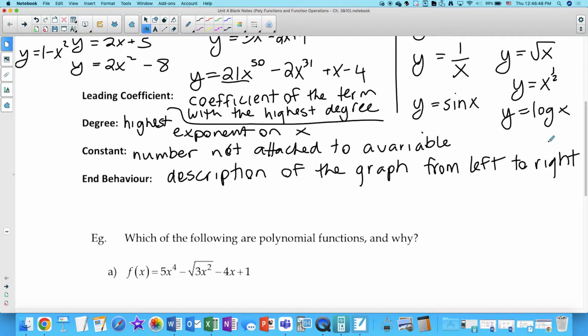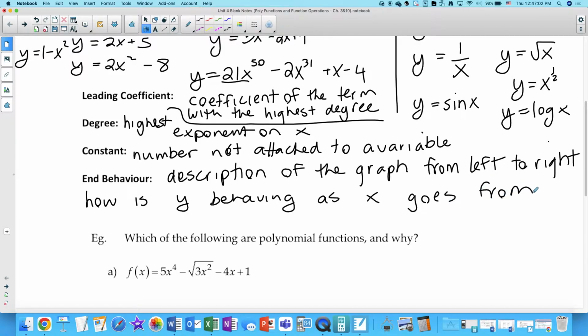Specifically, we're asking how is y behaving as x goes from -infinity to infinity. Or, I mean, that's a very big generalization because if you're looking, for example, at this function, y equals the square root of x, then the function's not defined at -infinity. So if there's an endpoint in there, you'd start at that endpoint. Okay?